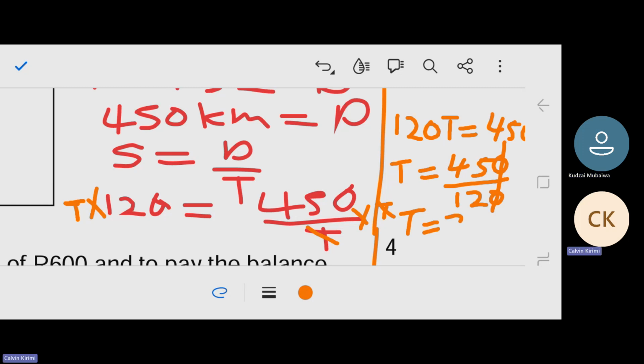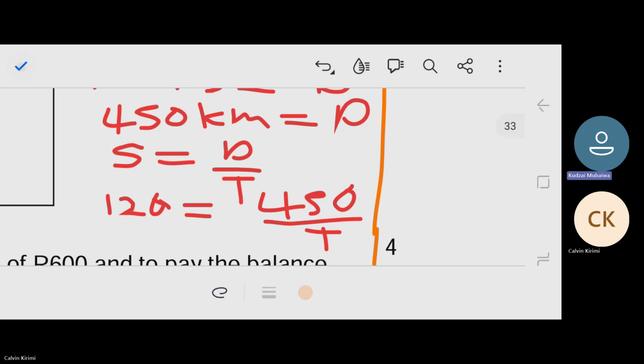The remainder is 9 over 12, which is 3/4, which means 3.75. And these are hours.